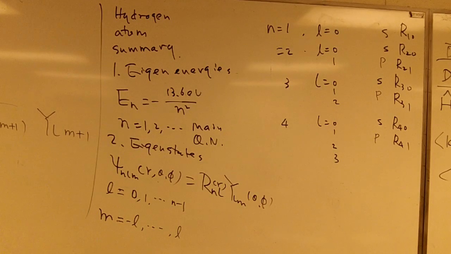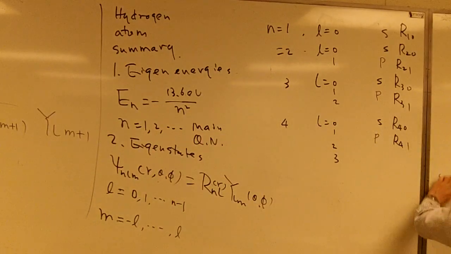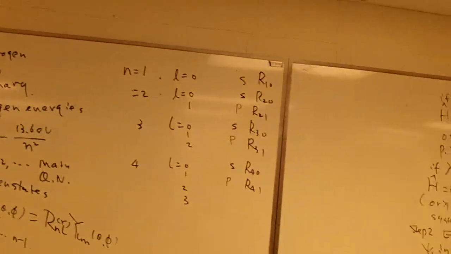That's the magnetic projection. So in this case, you will see another column comes over here. This is another one which is going to be utilized. I hope I do not use too much time, but this is quite important.